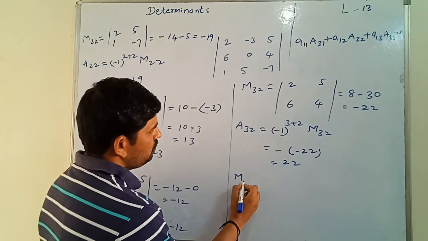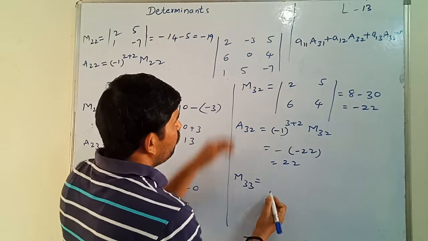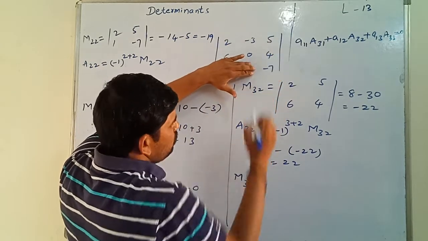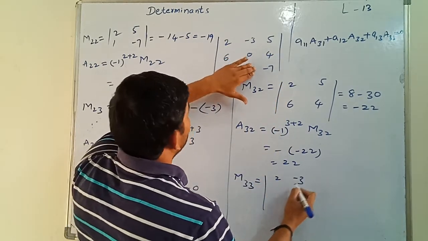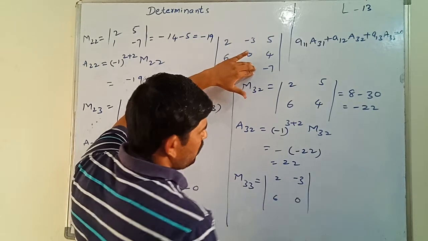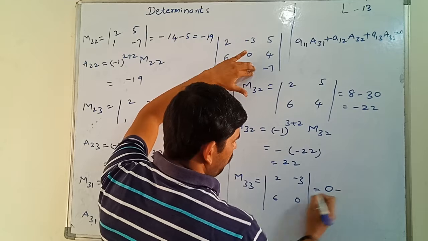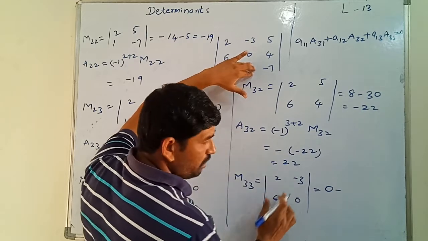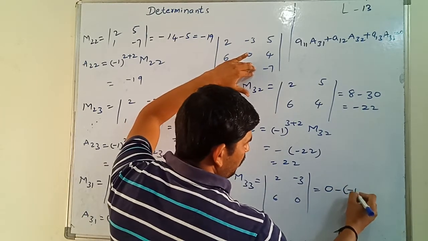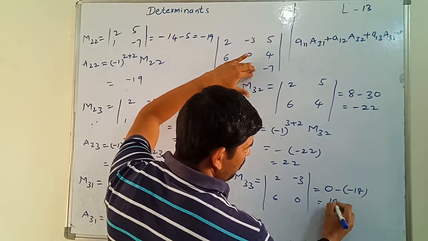The minor is 3 3. Now we close the address for this. We have 2, minus 3, 6, 0. Yes or no? Now the cross multiplication for this: 2 into 0 is 0, minus, already having minus 6 into 3 is 18. So minus 18. Minus and minus is plus 18.